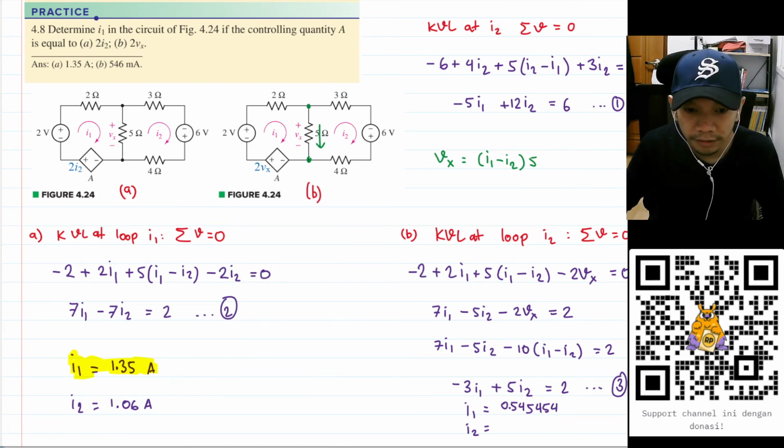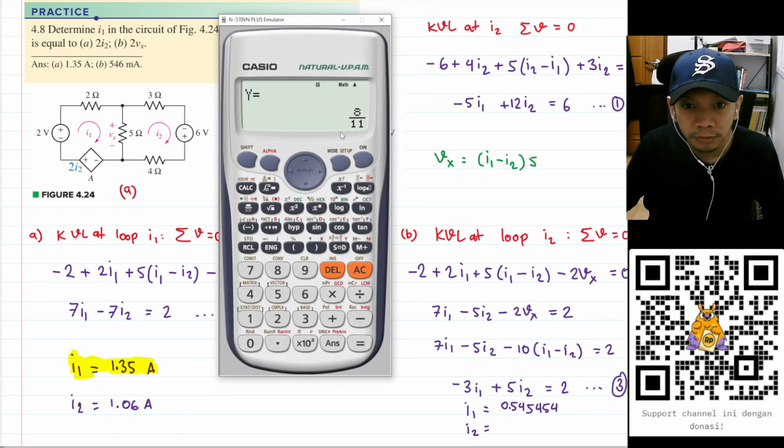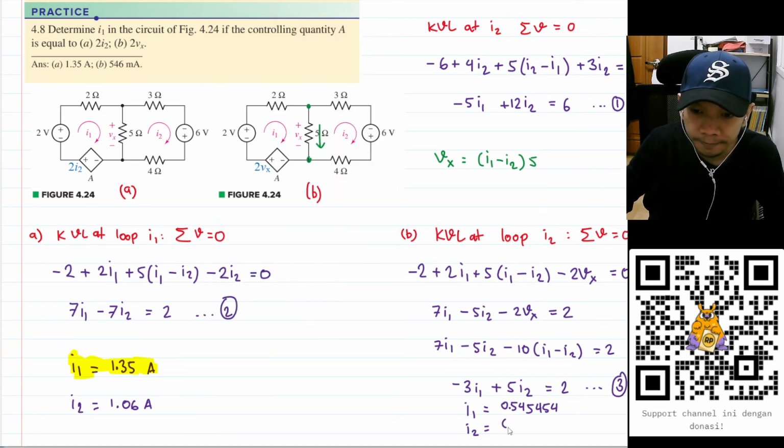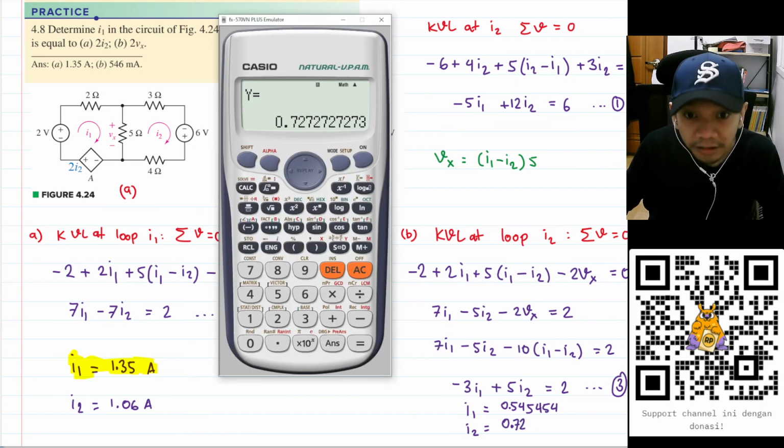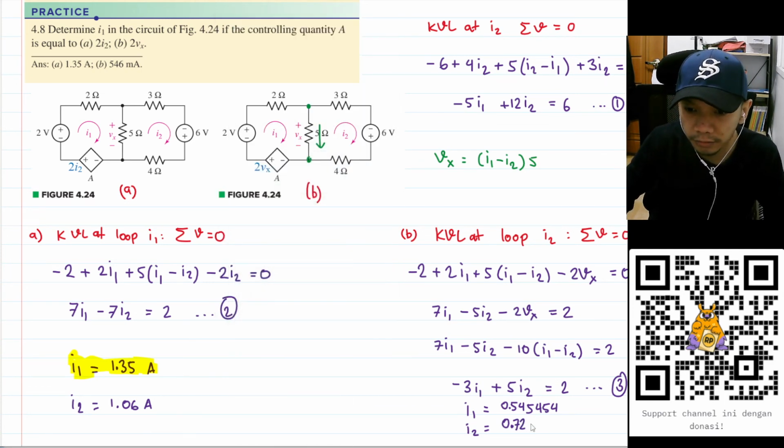And then for I2, I will have 0.72, repeating, right? Yeah, I think so. So all of this is in ampere. So maybe let's make it in milliampere.